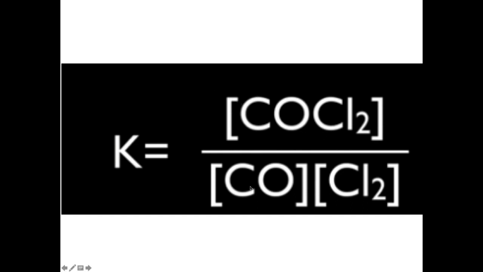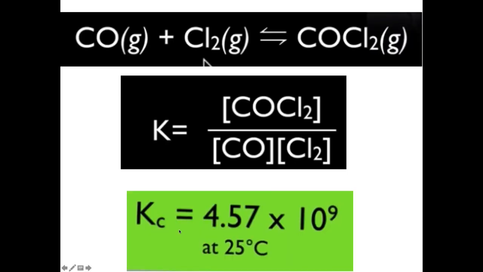When we do that, we find out that K is actually 4.57 times 10 to the ninth. I did not give you data, but if I did this reaction and gave you data, this is what you would generate for K, and this one is going to be heavy on the product side because of just how big the K is.